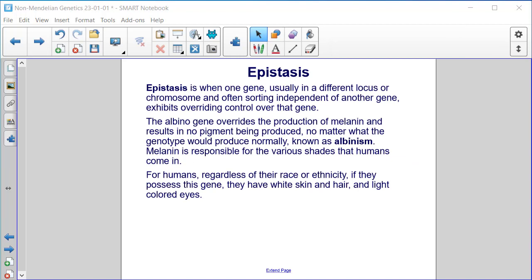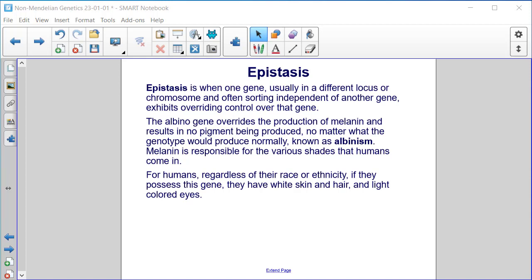Epistasis. Epistasis is when one gene, usually in a different locus or chromosome and often sorting independently of another gene, exhibits overriding control over that gene. The albino gene overrides the production of melanin and results in no pigment being produced. Melanin is responsible for the various shades that humans come in.